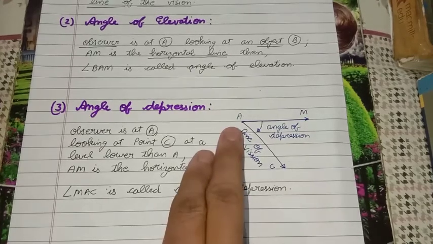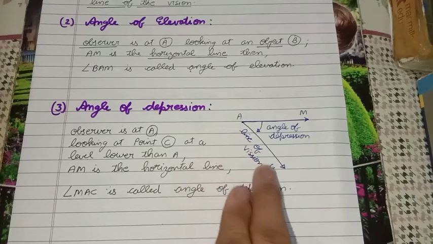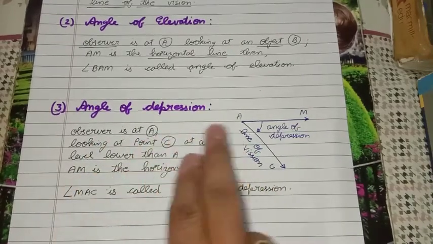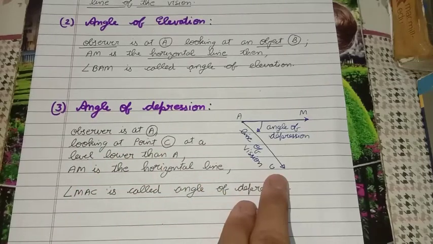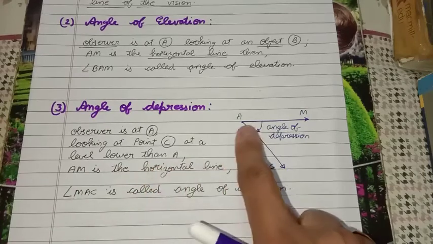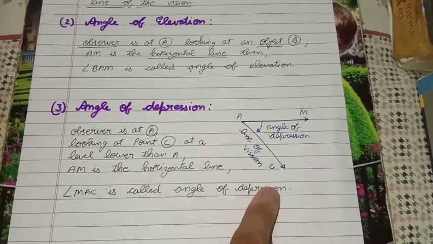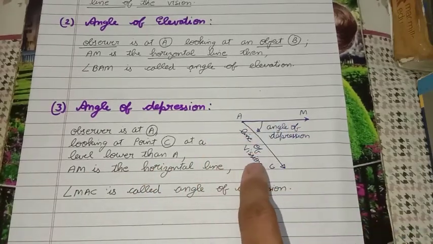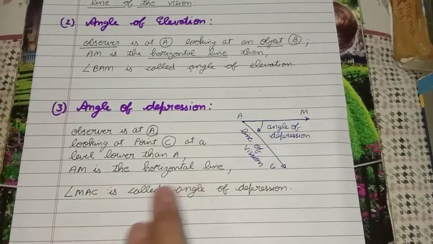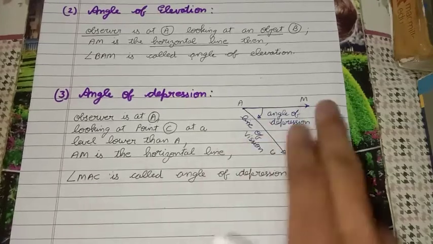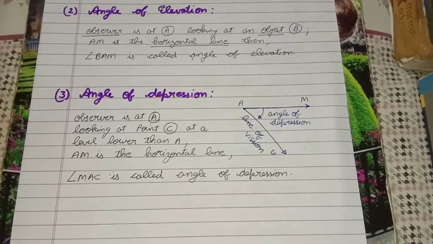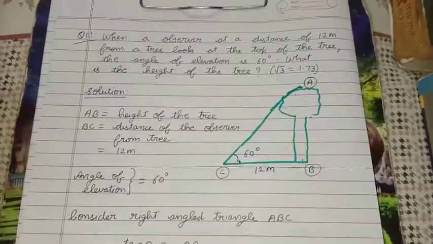So your line of vision will be on the lower side. What I have written is: observer is at A looking at point C. You are looking down at a level lower than A. This is your level and you are looking down. When such a thing happens, it is the angle of depression. And AM is the horizontal line, then angle MAC is called the angle of depression. Hope you are getting this.